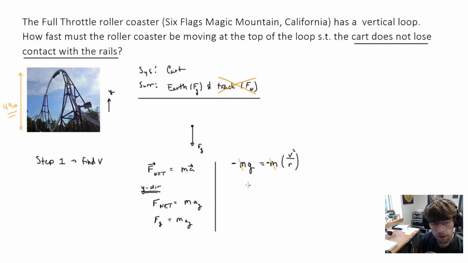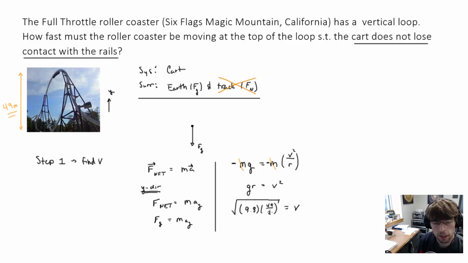And so we end up with g times r is equal to v squared. Or we could plug in some actual values: the square root of 9.8 times 49 over 2 equals v.